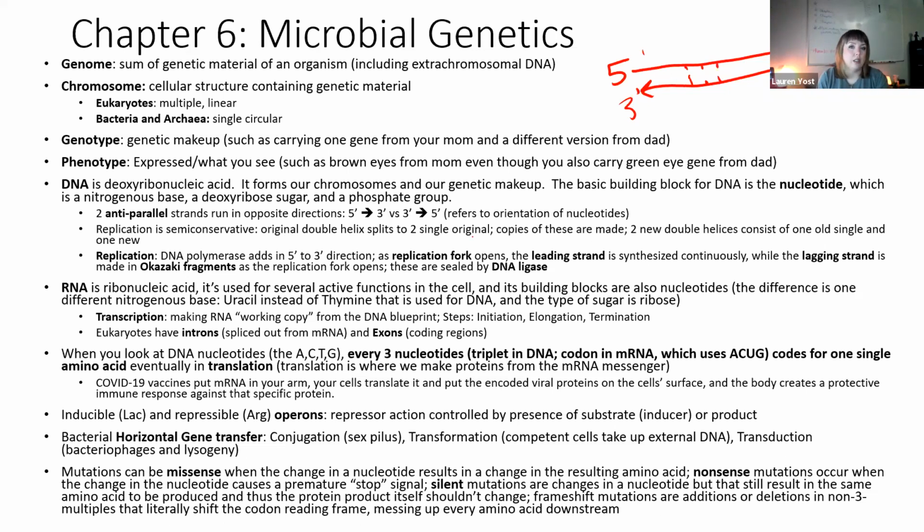That is a nonsense mutation. So that's the stop codon one. If you have a change in your nucleotide sequence, but you're lucky enough that it falls within that wobble safety area, then that's going to be a silent mutation where you have a change in your nucleotide sequence, but not in your amino acid sequence. So same amino acid, even though you changed the nucleotide.